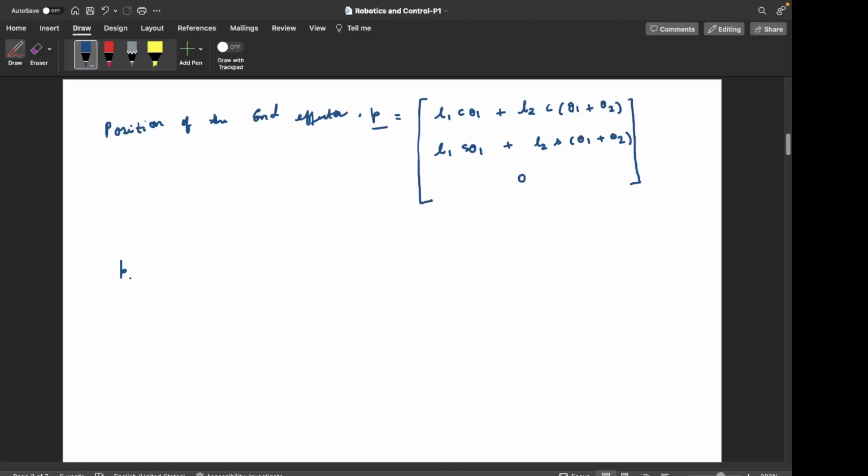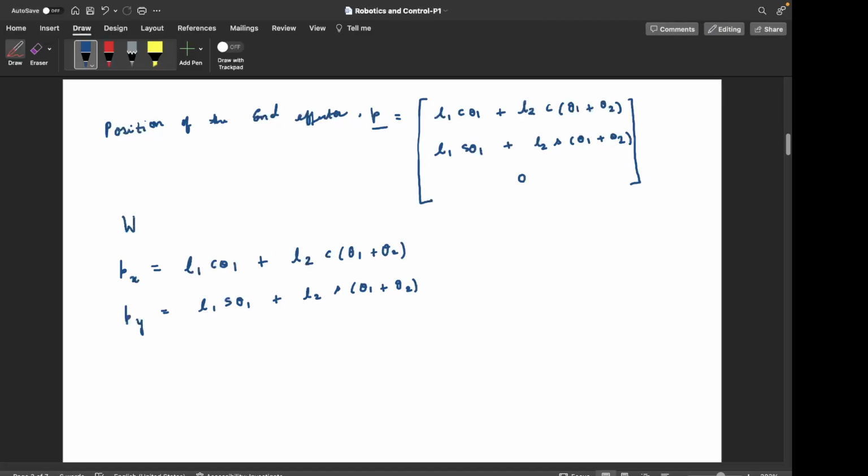So px is equal to L1 cos theta 1 plus L2 cos(theta 1 plus theta 2), and similarly in the y direction, py is L1 sin theta 1 plus L2 sin(theta 1 plus theta 2), right?